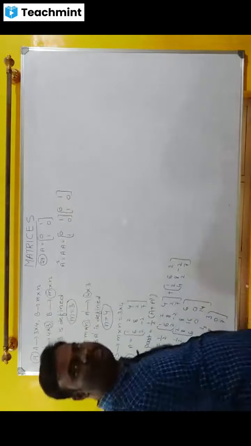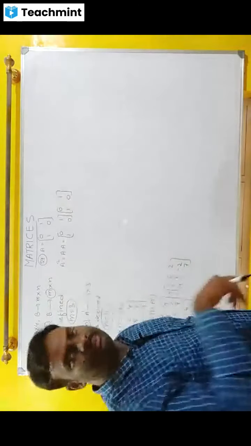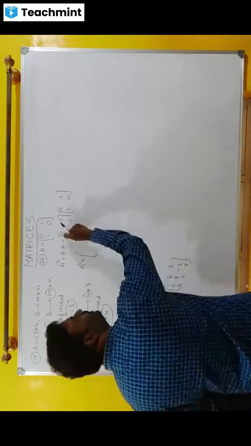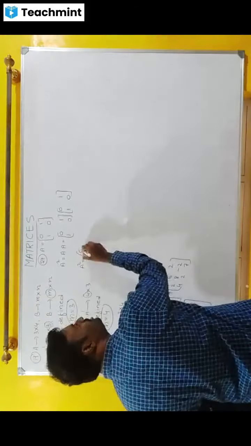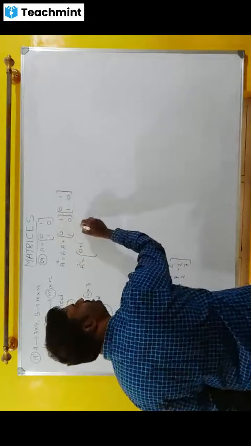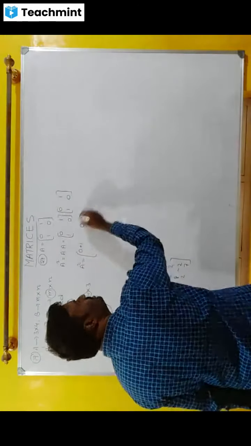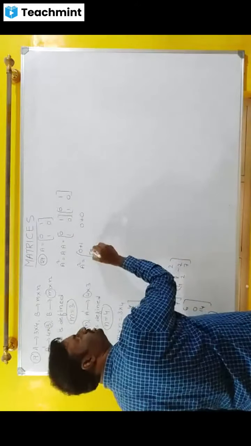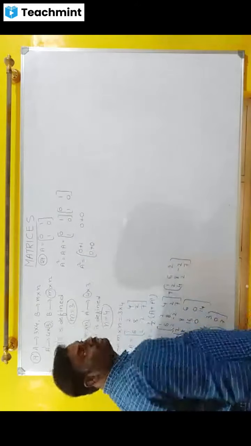We know how to multiply two matrices, row and column. Then A square equals: here you take the first row, here you take the first column. 0 into 0, 0, 1 into 1, 1. First row, second column: 0 into 1, 0, 1 into 0, 0. Next, second row, first column: 1 into 0, 0, plus 0 into 1, 0.